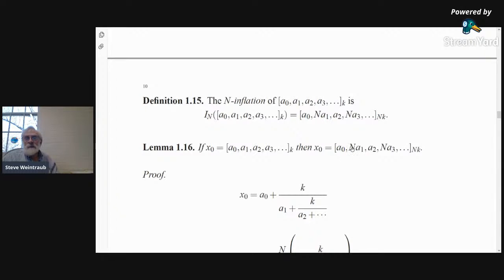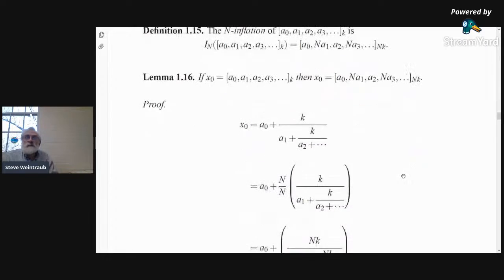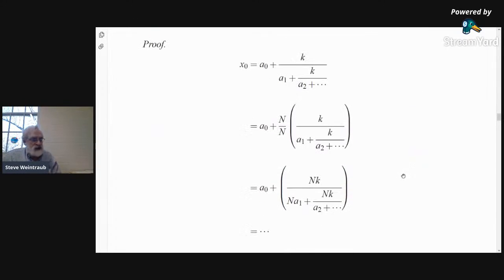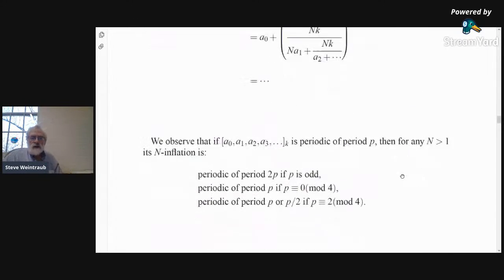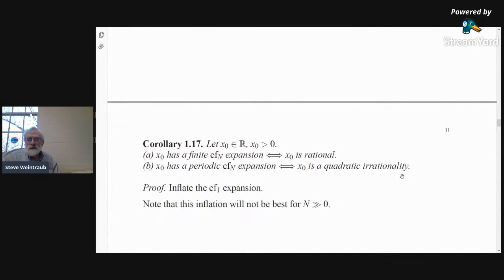So once we choose capital N to be, say, bigger than A2, it's not going to be a best expansion. So this will always produce periodic expansions, but it may not produce best expansions.